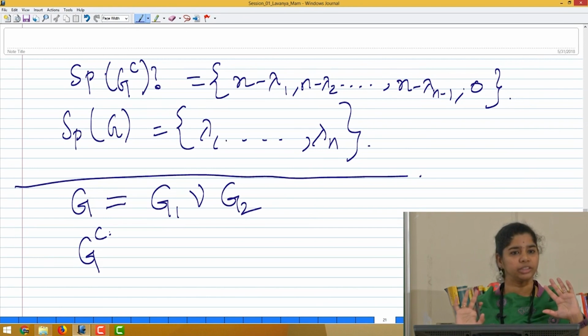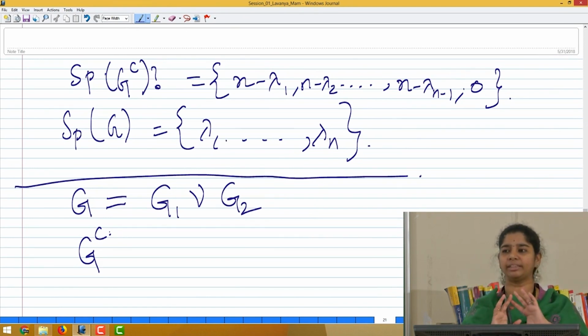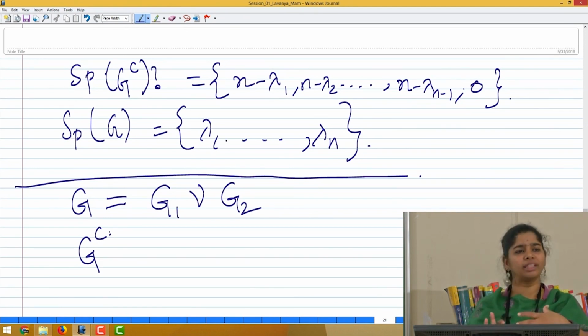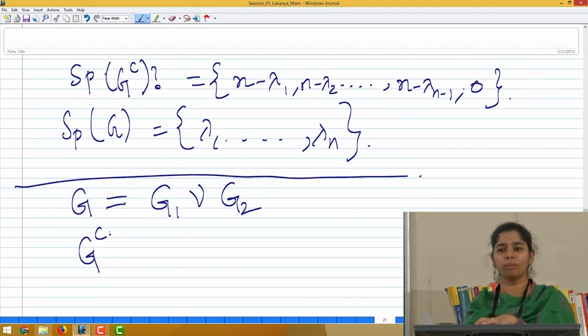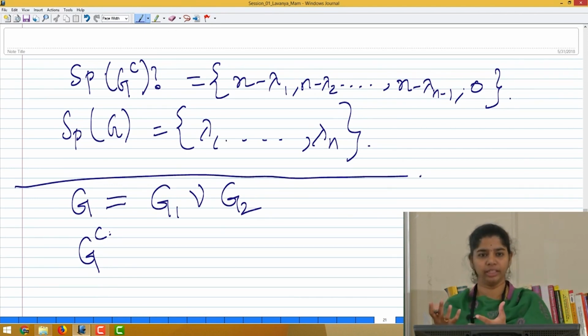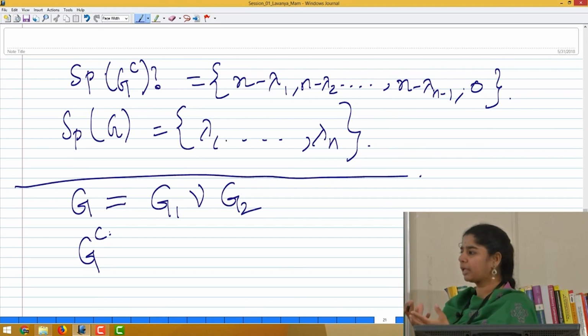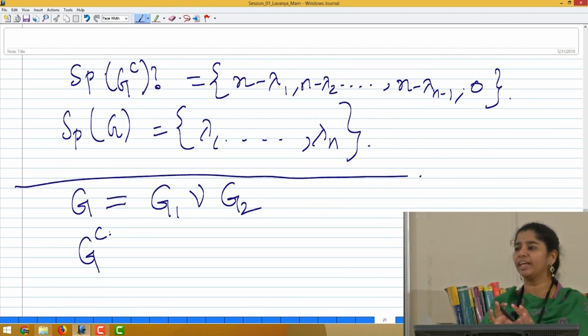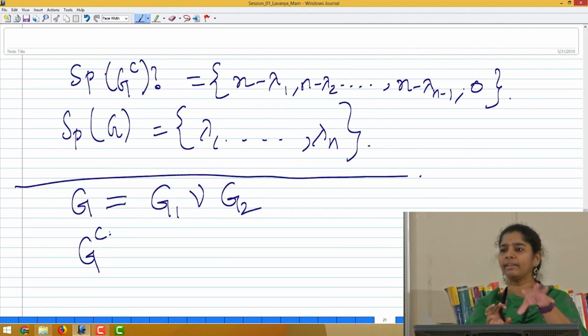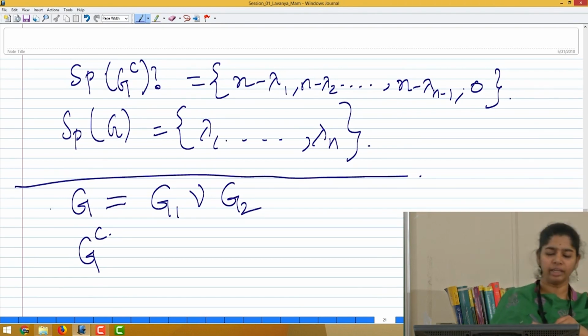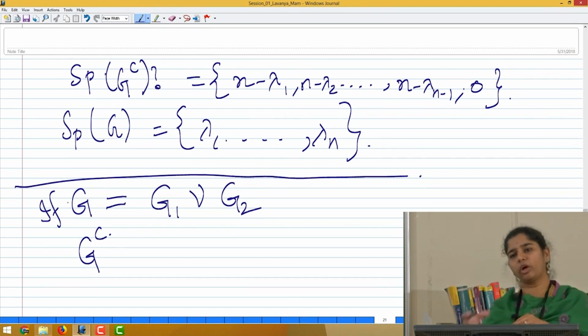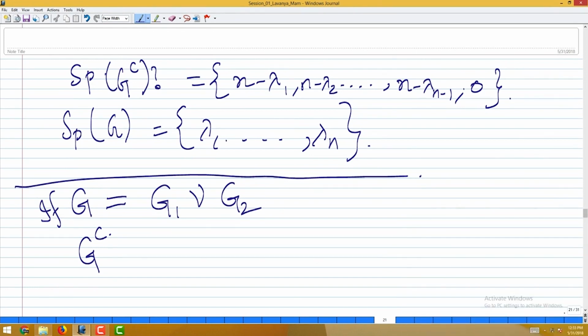From the eigenvalues, just by looking at the eigenvalues, can I say something? Structurally I can talk about G complement, but I am asking in terms of eigenvalues, what can I say about my graph G complement, if I know that my G is the join of two graphs?